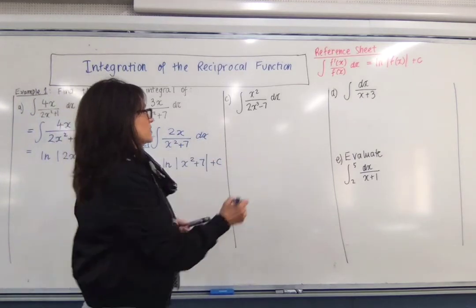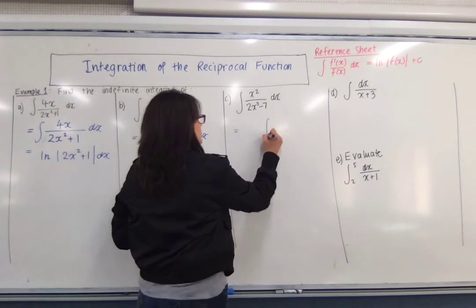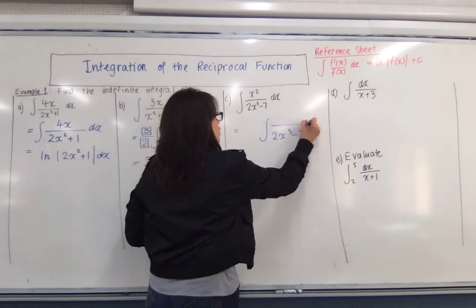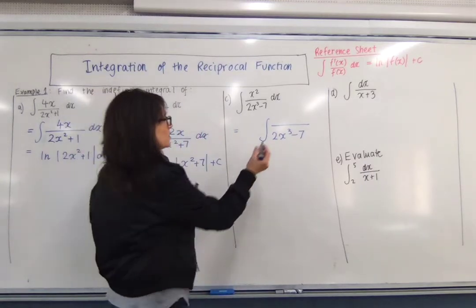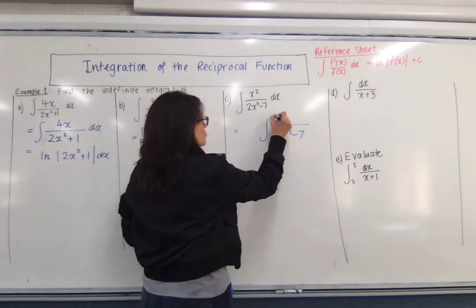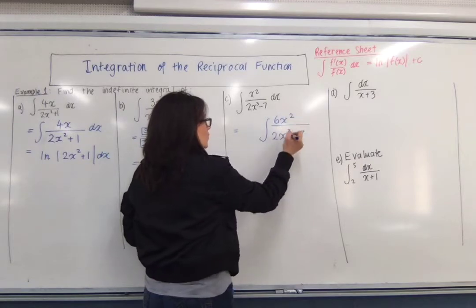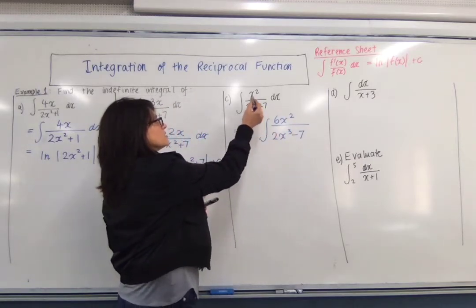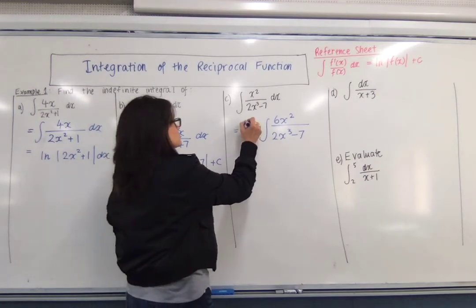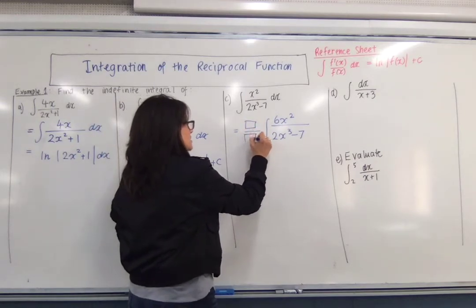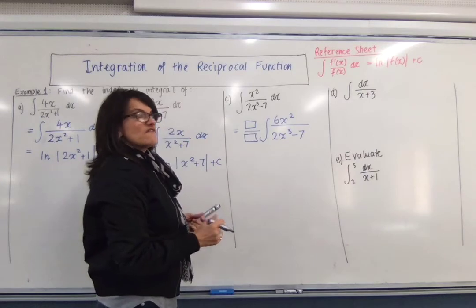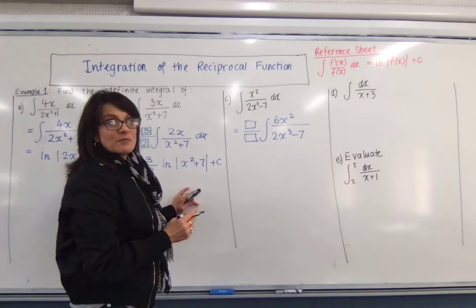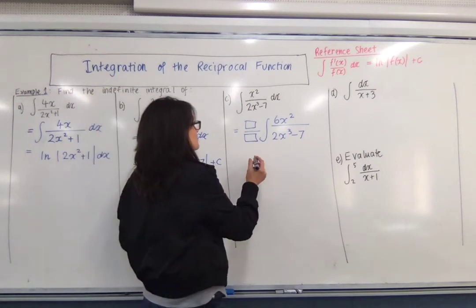Okay, let's have a look at this next question here. Again, let's start by thinking 2x cubed minus 7. What's the derivative of that? When we differentiate this, we end up with 6x squared plus 0. Now, is this the same as the question that was being asked? No, so let's think about taking out a common factor such that when we multiply in, we end up with the same as the original question that was being asked of us.